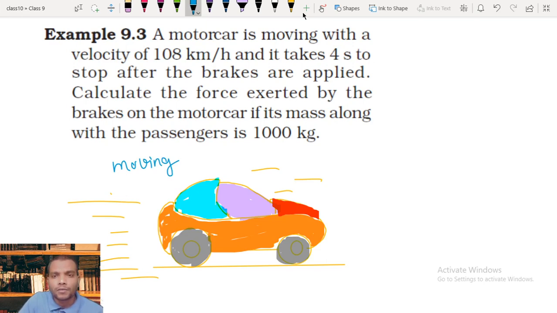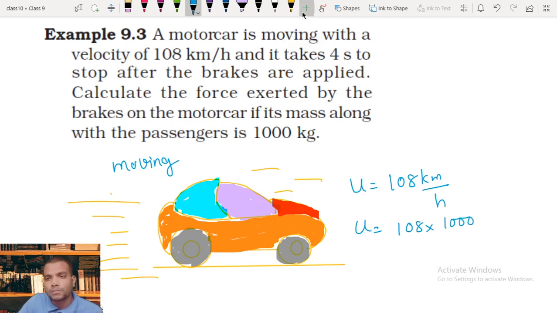They have given that velocity v equal to, I will take it as the initial velocity since the car is moving, 108 kilometer per hour. This initial velocity we will convert into meter per second. 108, 1 kilometer is 1000 meters and 1 hour contains 3600 seconds.